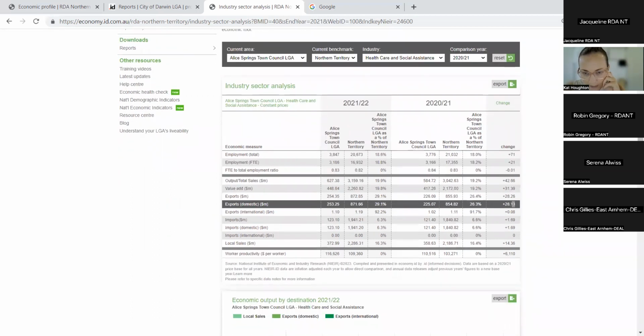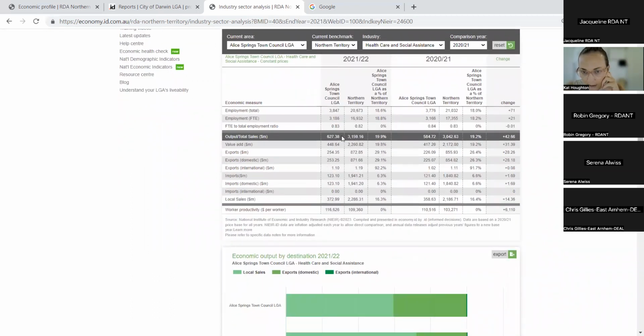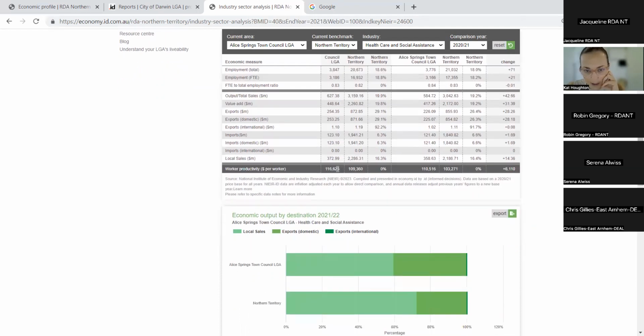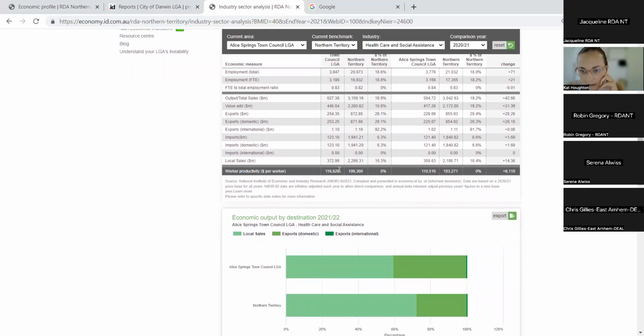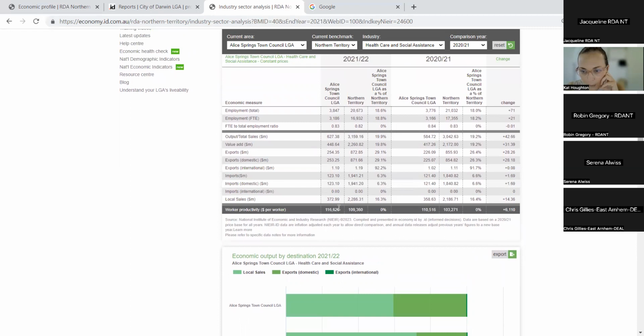Let's have a look at things like output. Total sales is up, which is no surprise because a lot of surgeries have come back online after COVID. Here's our productivity per worker. That is up as well, and compared to the Northern Territory, it's stronger.